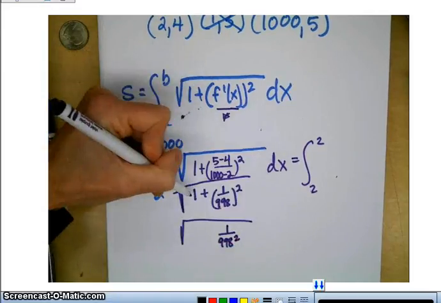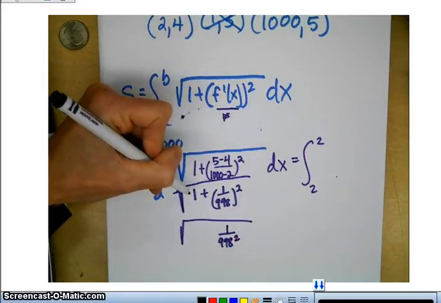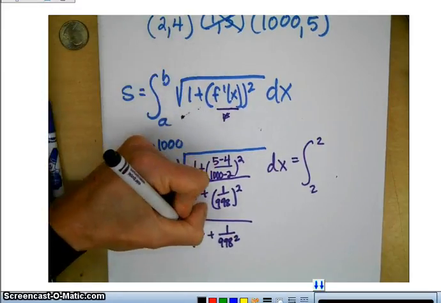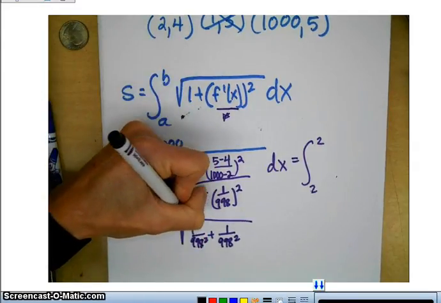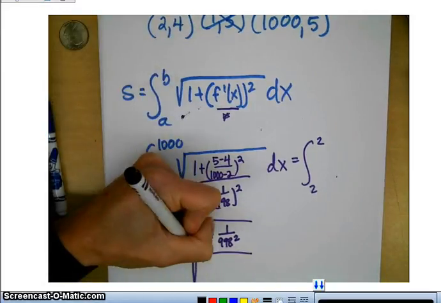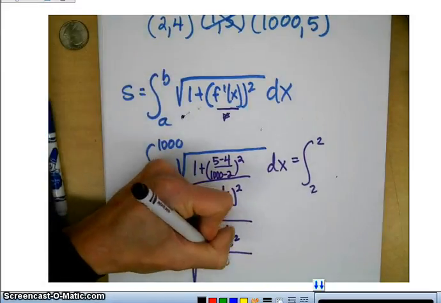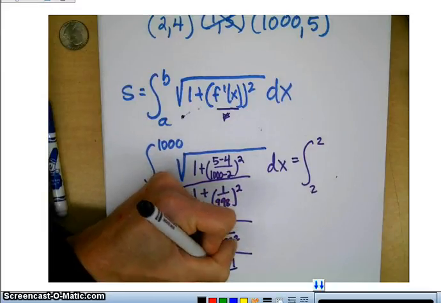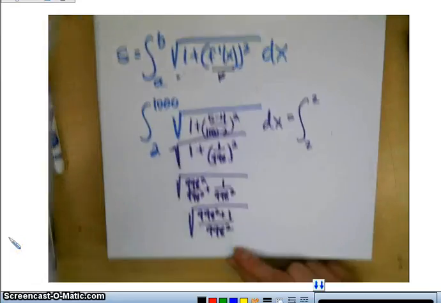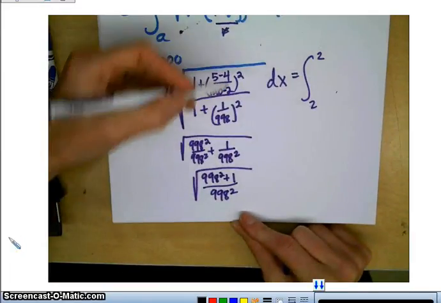If I wanted to get a common denominator with this 1, how would I write it? 998 squared over 998 squared. Okay, so then under the radical you'd have whatever 998 squared plus 1 is over 998 squared. Notice I'm not too worried about pulling out a calculator quite yet.